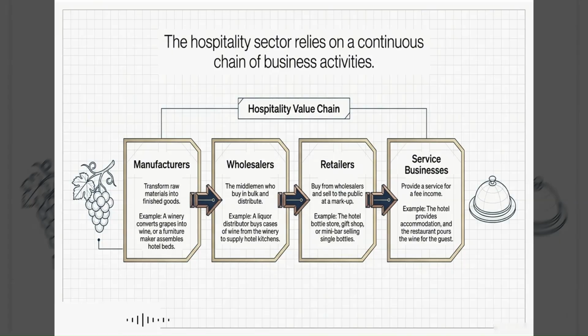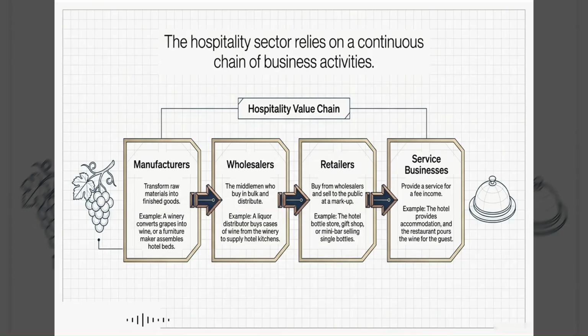That transformation is why manufacturers must track three kinds of stock: raw materials, work in process or work in progress, and finished goods. A wholesaler is the middleman. Wholesalers buy in bulk from the manufacturer and supply goods in smaller quantities to the retailer.